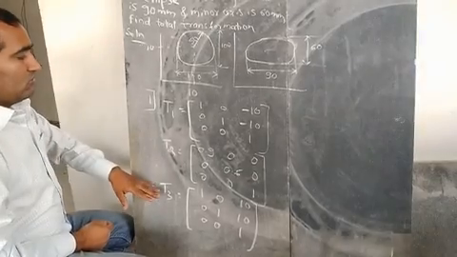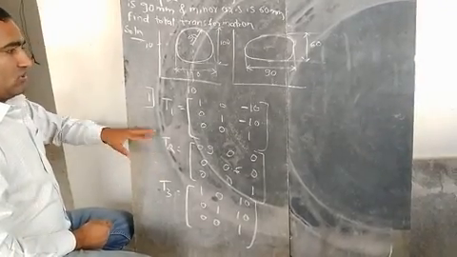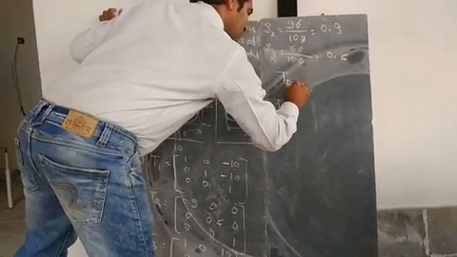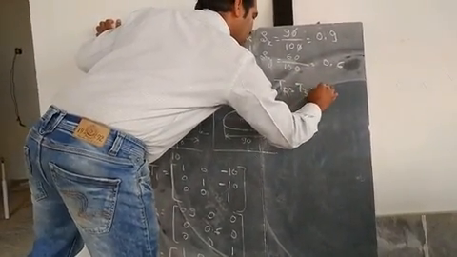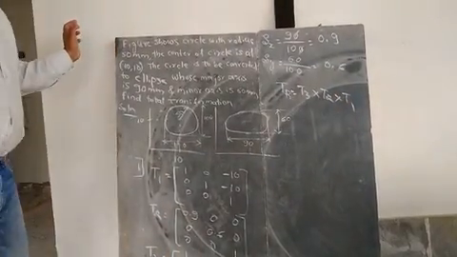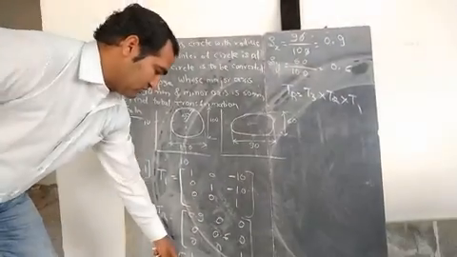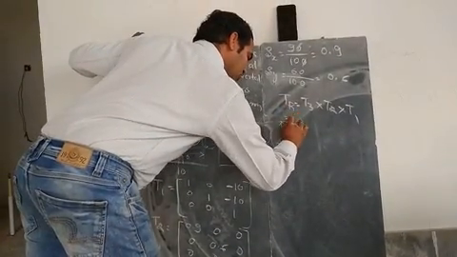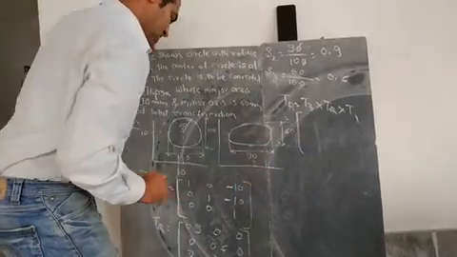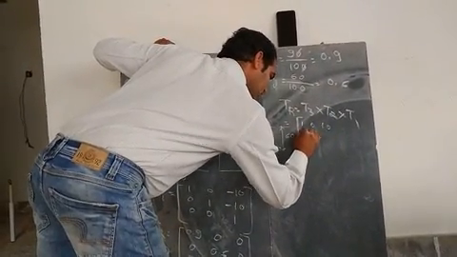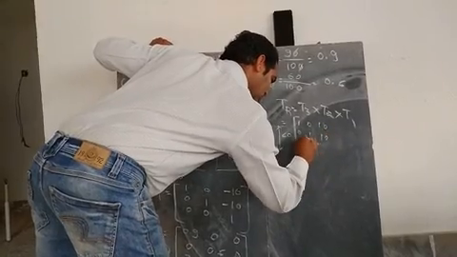Now you can find the resultant transformation matrix. TR is equal to T3 multiplied by T2 multiplied by T1. These three matrices you have to multiply. The first matrix, T3, is 1 0 10, 0 1 10, 0 0 1.